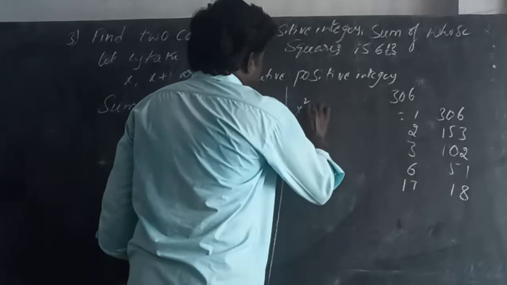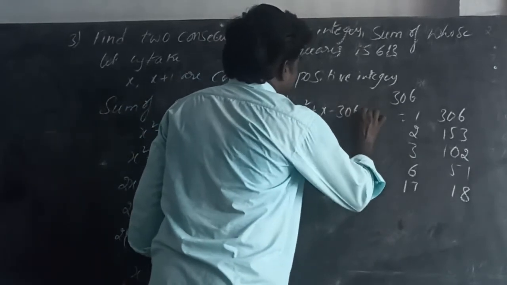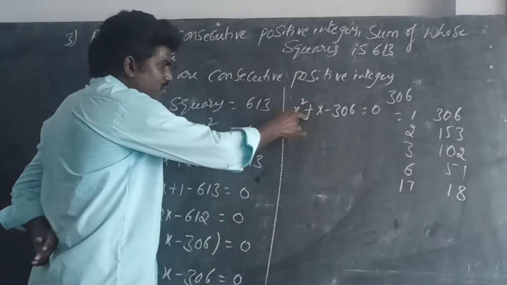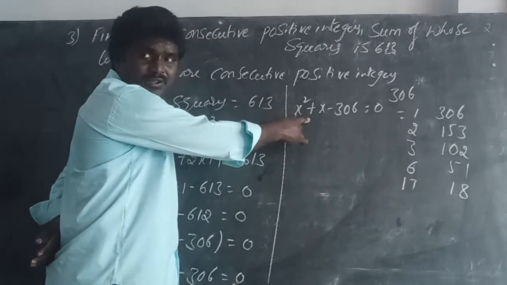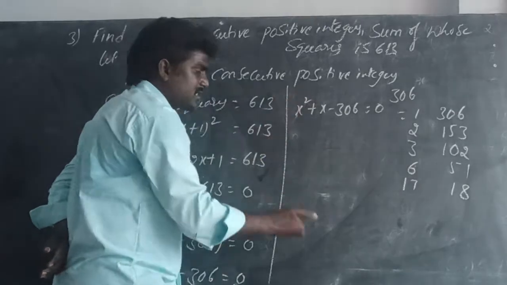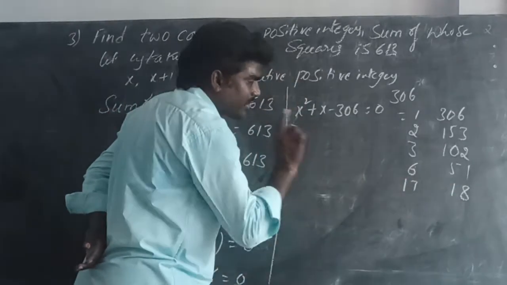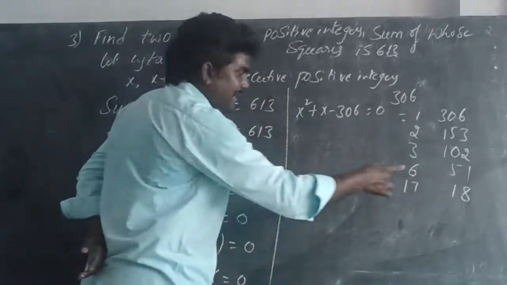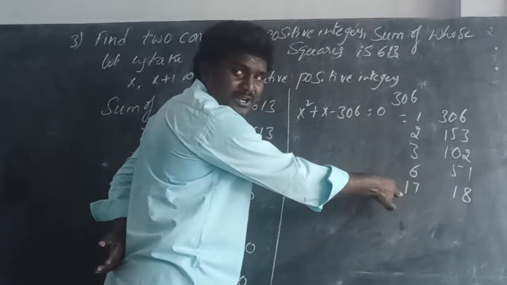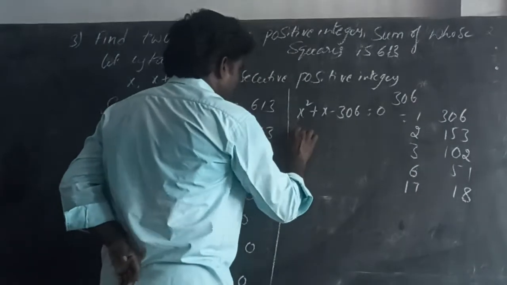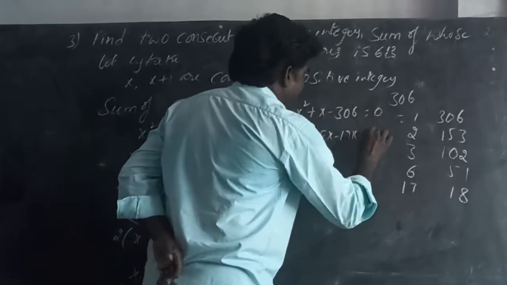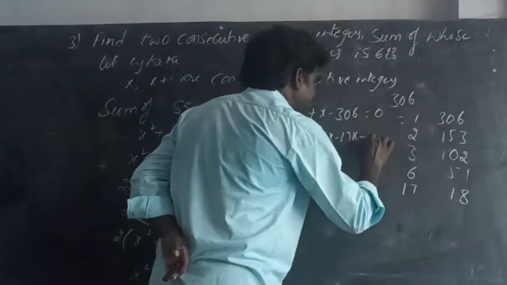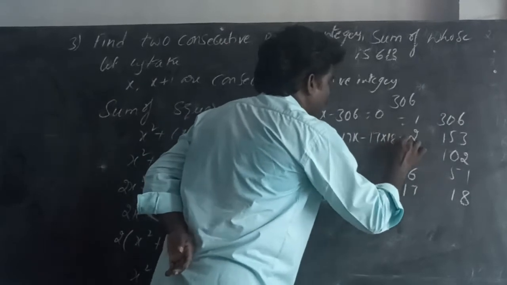So here what is the equation? x square plus x minus 306 is equal to 0. Here the x square coefficient is 1, and the middle term is plus 1. So we take the two factors and subtract them: 18 minus 17 is plus 1. So x square plus 18x minus 17x minus 306, where 306 is 17 into 18, is equal to 0.